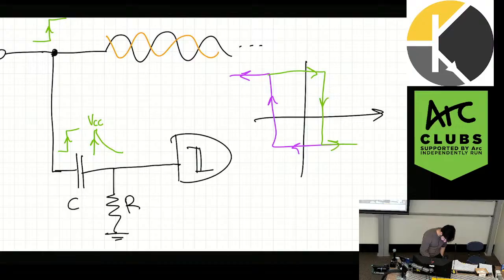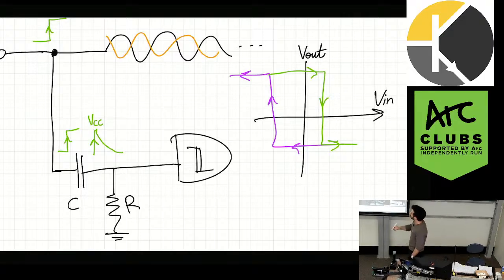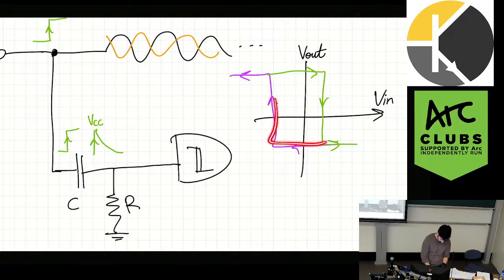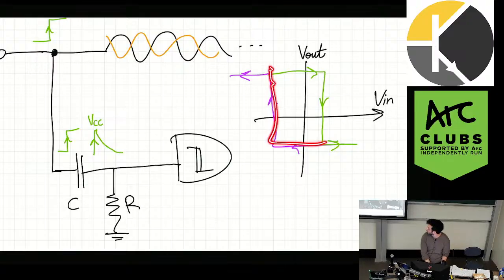This is the input versus output of a Schmitt trigger. Now, if the input swings up to VCC, like that, what happens after this? So I swing up. Do I stay here?